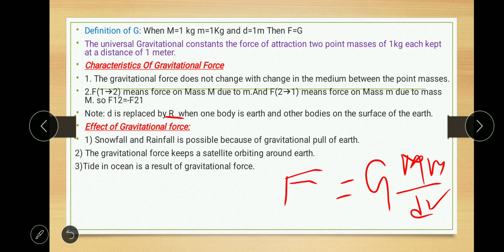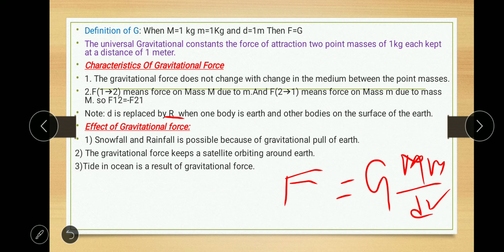Next topic: effect of gravitational force. What is the effect of gravitational force? Number 1. Snowfall and rainfall are possible because of the gravitational pull of Earth. If there is no gravitational force, then rain and snowfall will go upward, not to the surface of the Earth. Number 2. The gravitational force keeps a satellite orbiting around Earth.